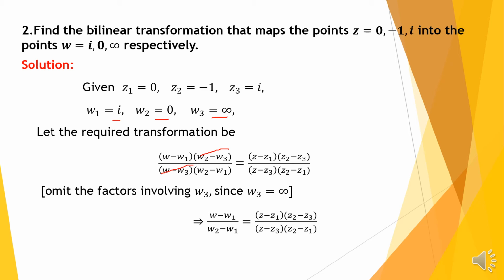Now substitute the points w1, w2 and z1, z2, z3. We get w minus, here w1 is i, divided by w2 minus w1, here w2 is 0 minus w1 is i, is equal to, the right hand side z minus z1, z1 is 0, into z2 minus z3.